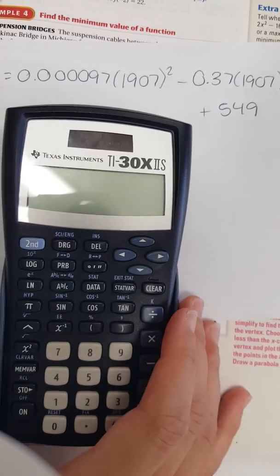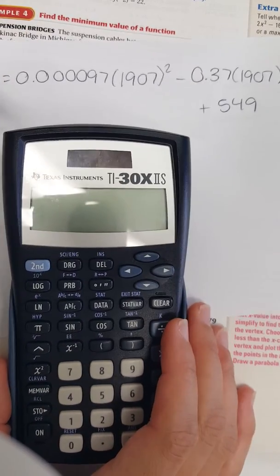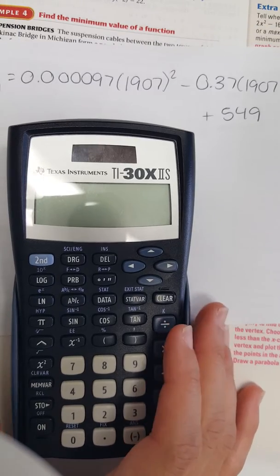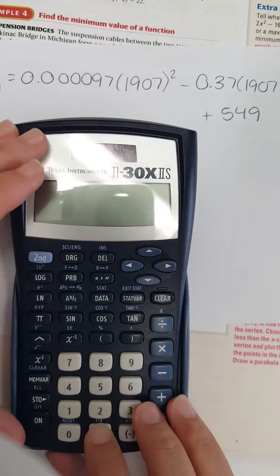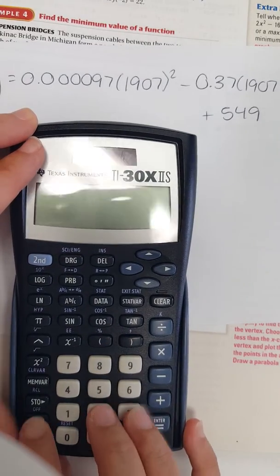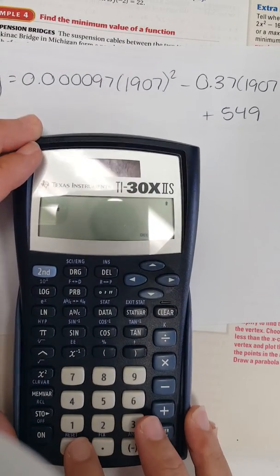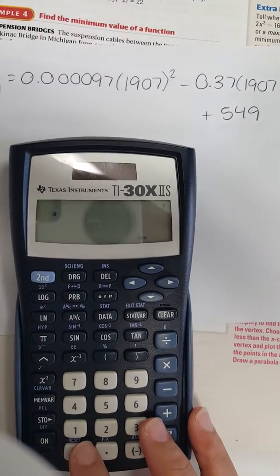I was about to show you using my calculator, but we'll use the one that most of you guys have. Okay, so you need to plug in all of this. So 0.0009 oh, I gotta turn it on, huh? Let's see here. Oh, there we go.